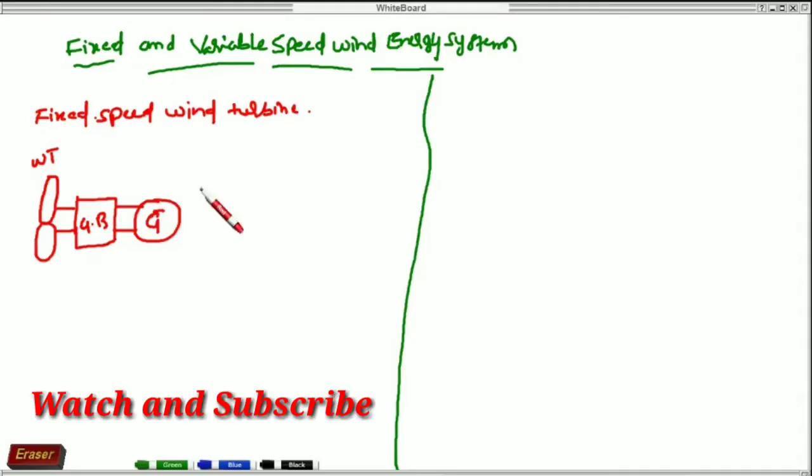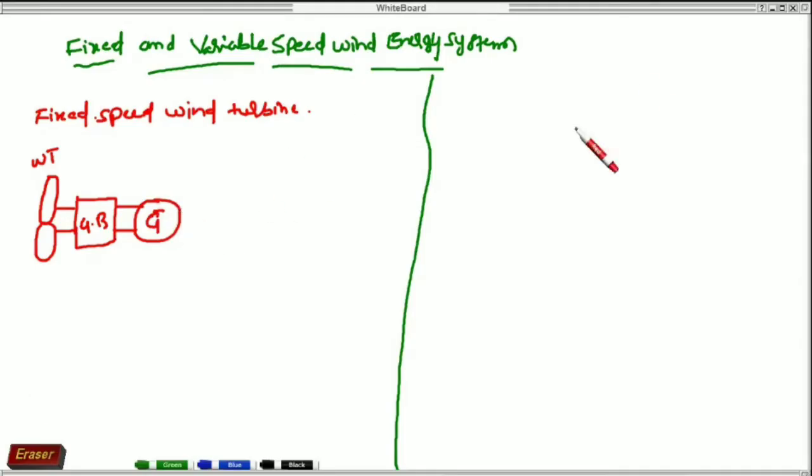I told already there are some types of generators: PMSG, DFIG, SCIG and WRIG. These are the differences between the generator types.